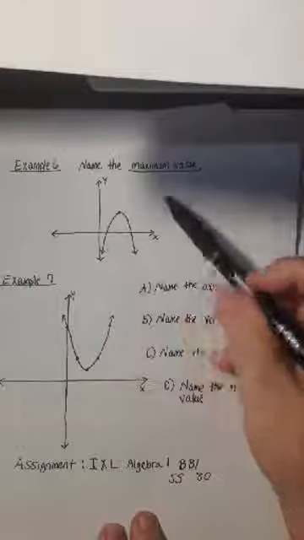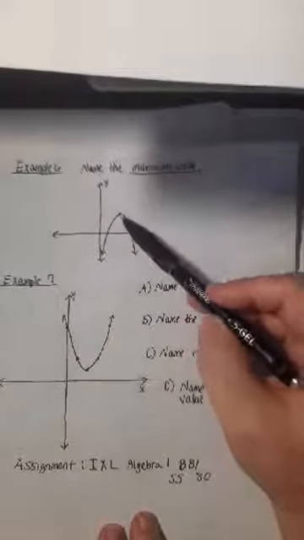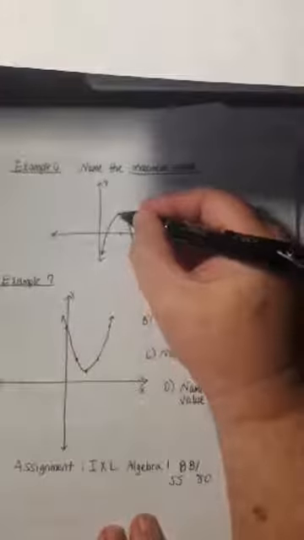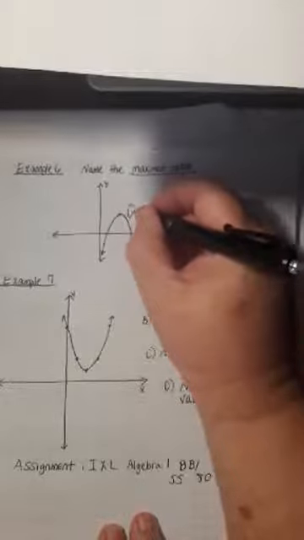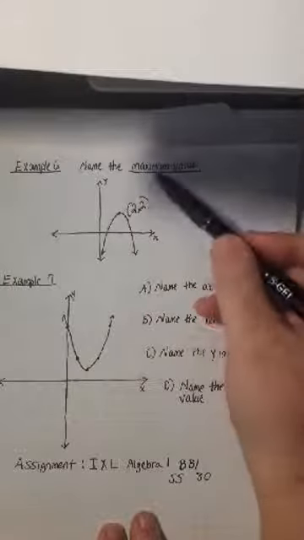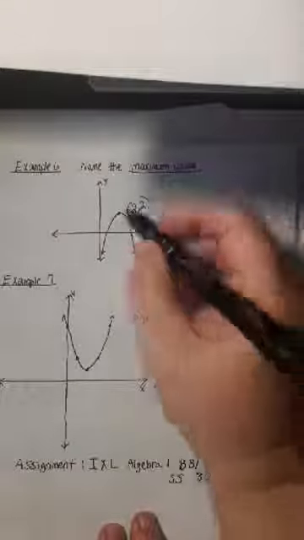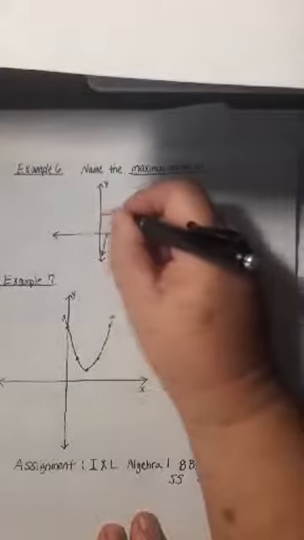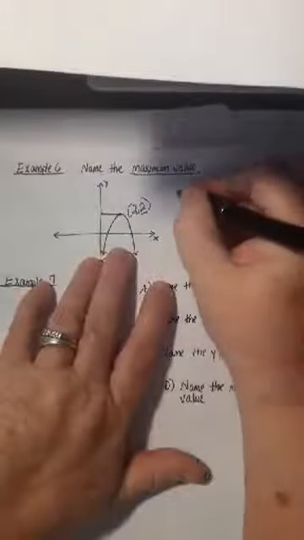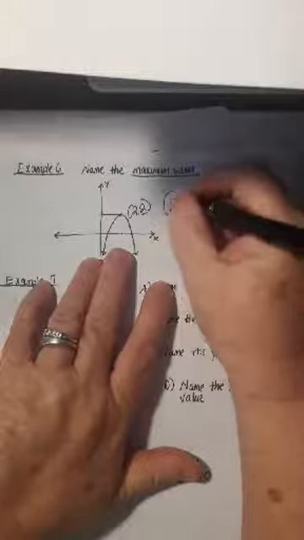Anytime it's maximum or minimum, you look at your vertex. That vertex is 2, 2. But they didn't ask you to name the vertex. It asked you to name the maximum value, which is just going to be the y-coordinate right here of that vertex. So the maximum value you would enter is just 2.